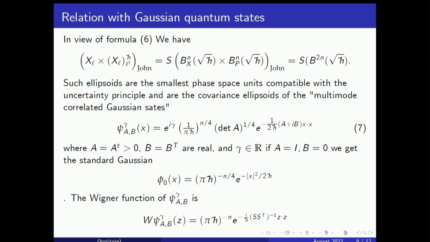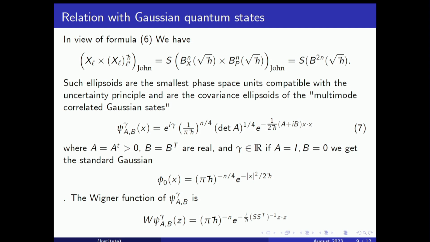Now, the very important thing here is that if you calculate the Wigner transform of these Gaussian states, it's given by this formula there, where S is the S defined here.